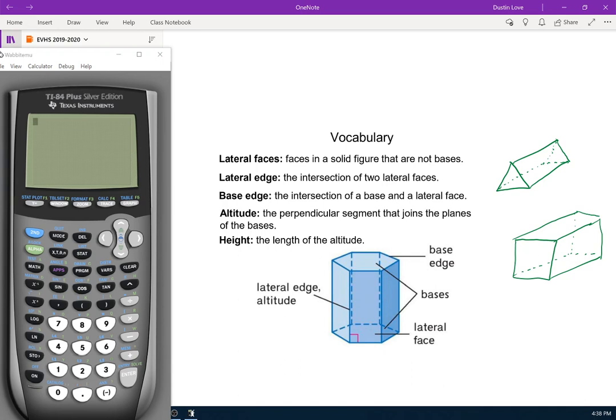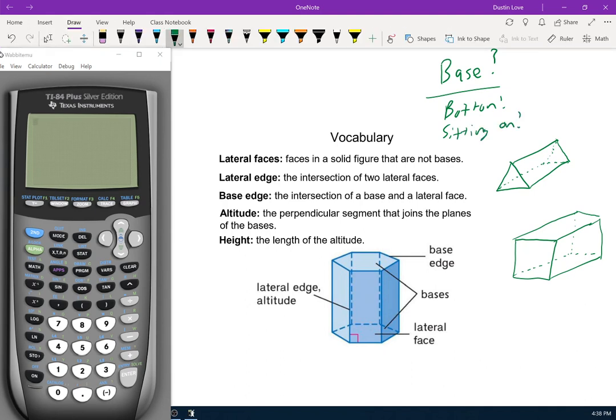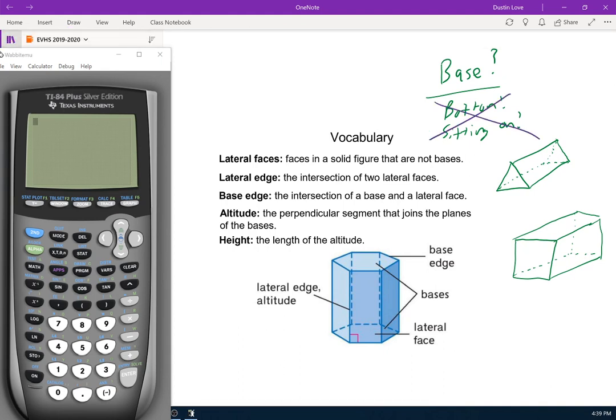Now, before we talk about any of these lateral faces, base edges, any of that stuff, we've got to determine what is the base of a three-dimensional solid. Some people want to say it's the one on bottom or the one that it is sitting on. Both of those, while they can be true, are not the way to think about this at all.